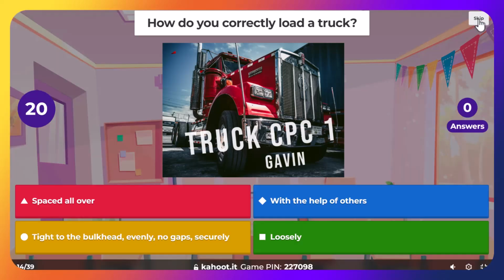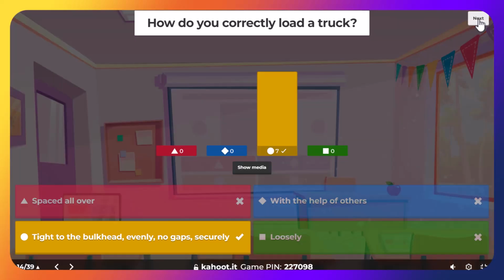How do you correctly load a truck? Lovely. Tight to the bulkhead, otherwise stuff goes sliding forwards and collapses, yeah? Evenly, because you want to spread the weight. No gaps, because that's when the pallets collapse into the one in front.